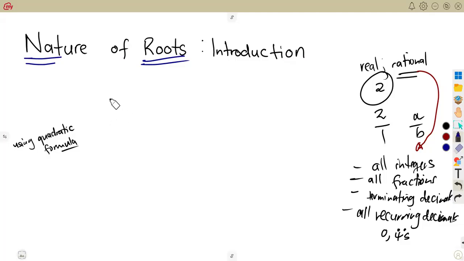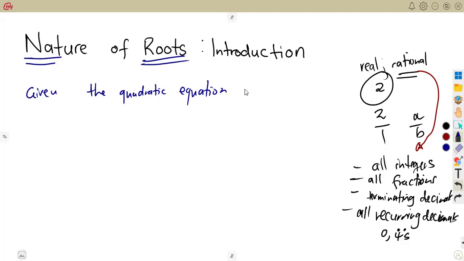So in the case of nature of roots, this is what we're going to have. Given the quadratic equation, ax squared plus bx plus c is equal to 0, the nature of the roots, or the solutions, can be determined by finding the delta, which is the discriminant.